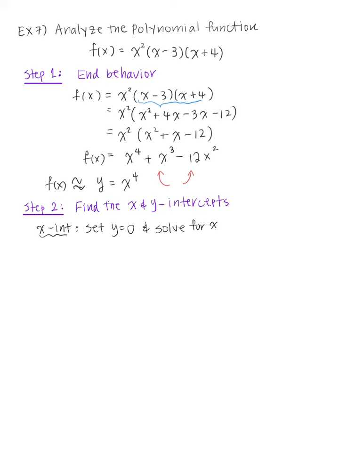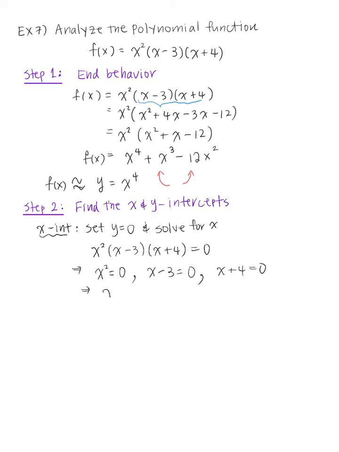Okay, so it's a lot easier for me to take the original function. So let me just take the original function, x squared times (x - 3) times (x + 4) equals to 0. So that implies that x squared has to be 0, x minus 3 is 0, and x plus 4 has to be 0.